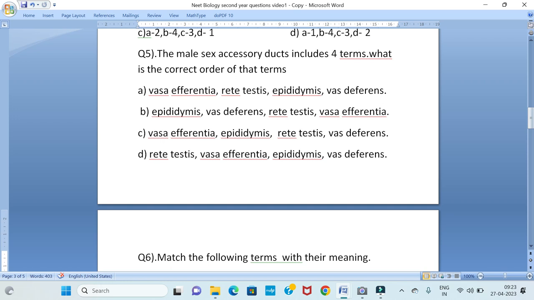Next, the male sex accessory ducts include four terms. What is the correct order of those terms? The male sex accessory ducts include four terminologies. What is the correct order of that terminology? Come on.